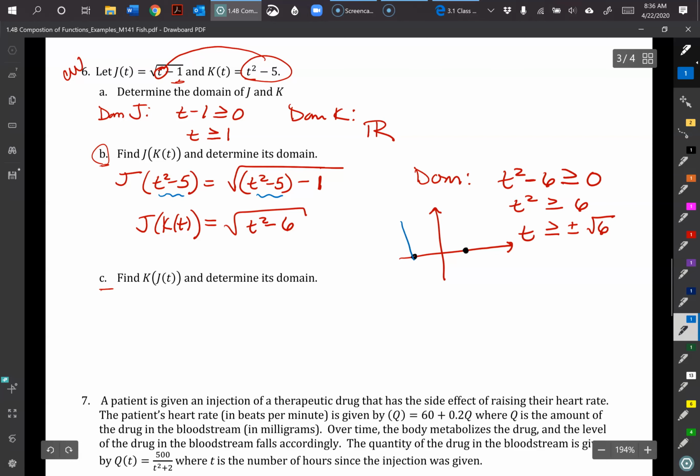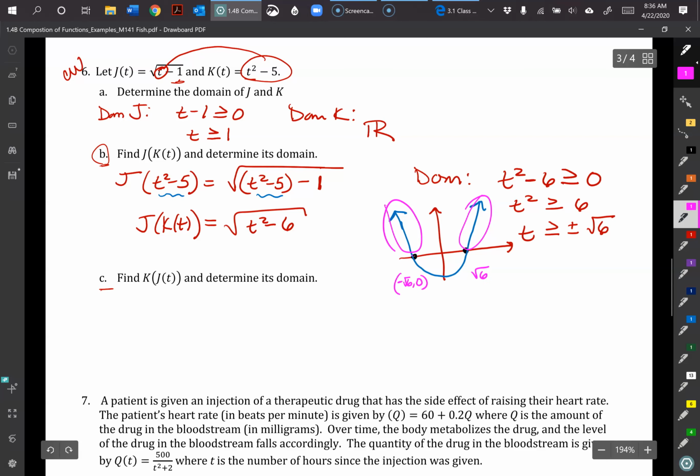So our parabola will be kind of this shape. So where this parabola is positive, those segments there. This is negative square root of 6, 0.